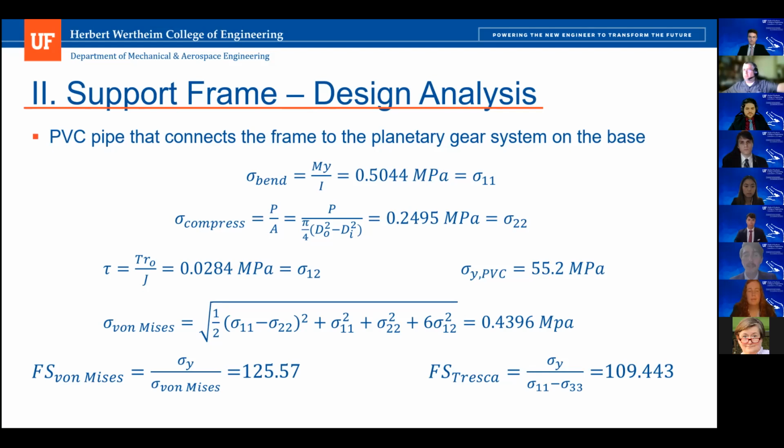Torque on the PVC pipe due to the planetary gear motor is 0.55 Newton meters, and the polar moment of inertia was calculated as 5.83 times 10 to the minus 7th meters to the 4th, causing a torsional stress of 0.0284 megapascals. These values were used to calculate the von Mises stress with a simplified form of the equation displayed above, equaling 0.4396 megapascals.